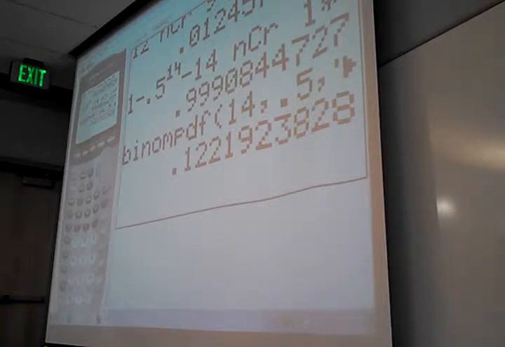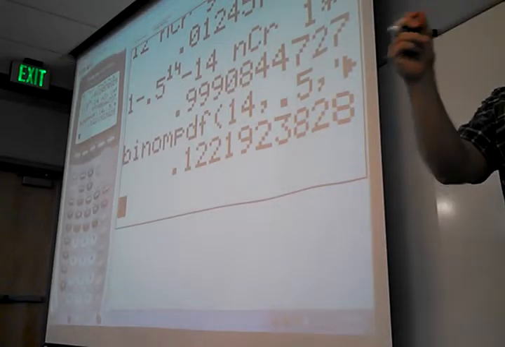What about the second part, at least 2 heads? At least 2 would be 2 and up. Binomial CDF is hardwired to go from 0 up to whatever number you put in.